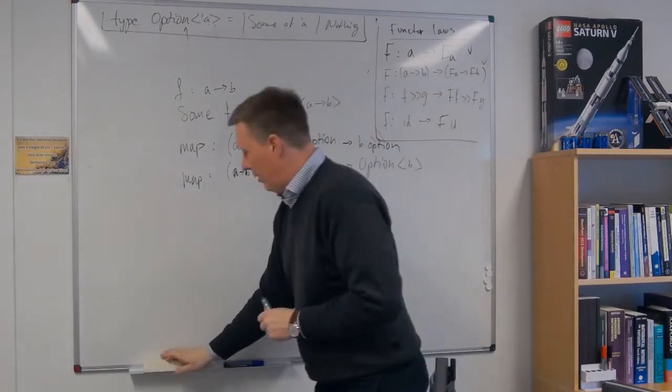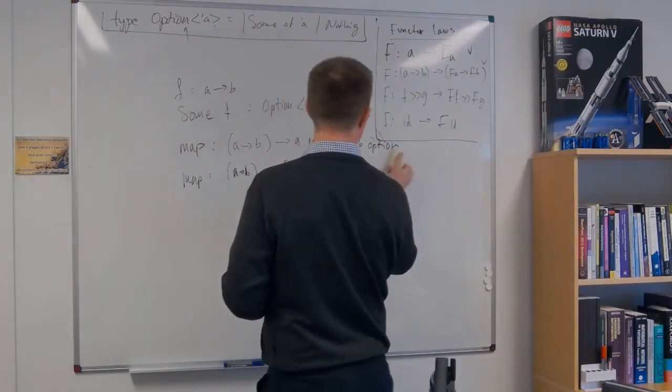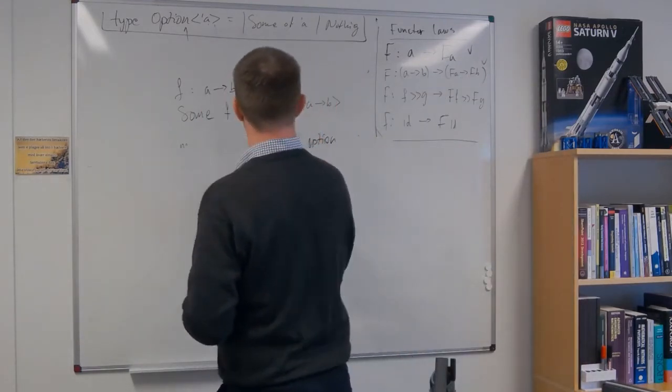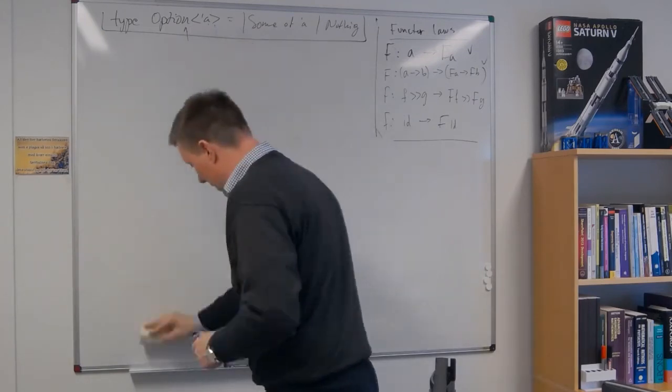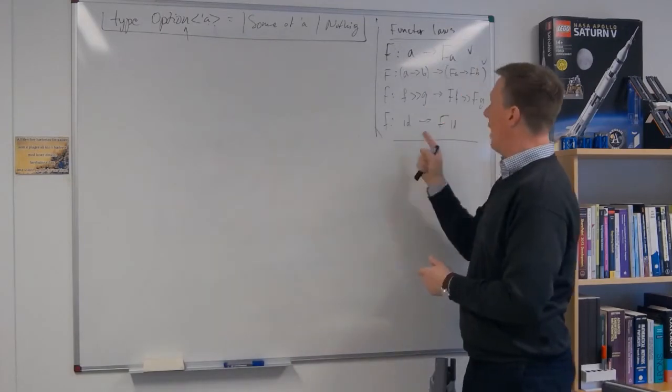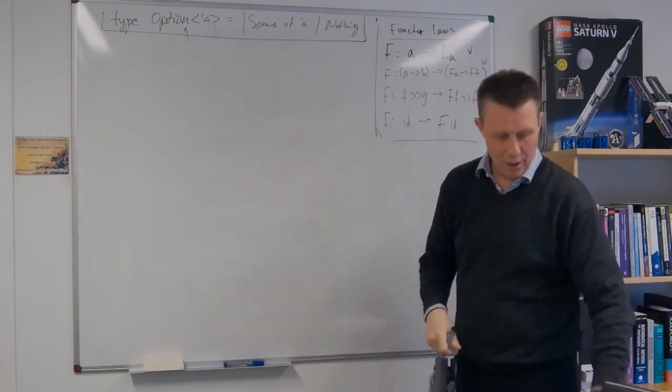Next, let's look at the identity. I've already done all this stuff with the option map, implemented map and so on, so I won't do that again. But let's look at how this works for identity.